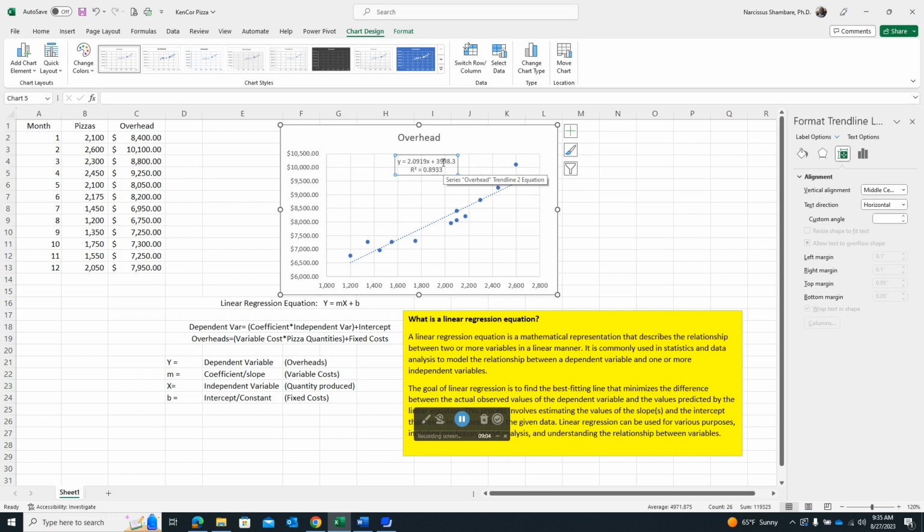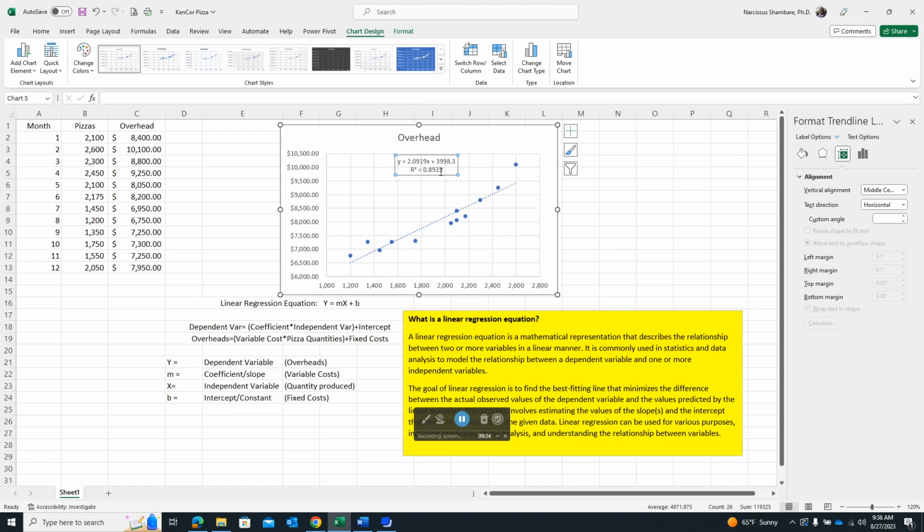And our fixed costs, right, which is actually our intercept right there, it's actually 3,998.3. So it's actually telling us that the fixed costs that are constant, we have to pay insurance, rent, salaries, and so forth, is 3,998. Okay, and now the X actually represents the quantity of pizzas, right?